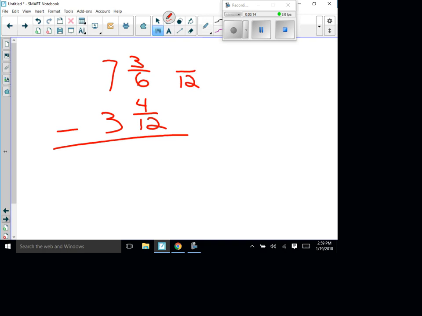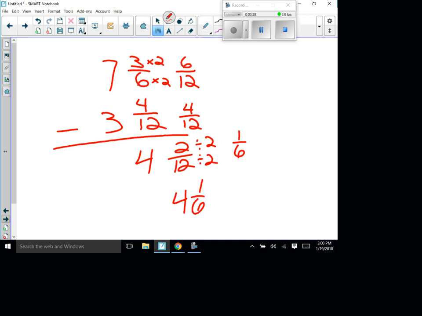So this turns to 12, times 2. Whatever you do at the bottom, you have to do the top. So you have 6/12 minus 4/12. So you have 2/12, correct? And then you go 7 minus 3 on the wholes, and that's 4. Now, same thing. If somebody wants to be picky, they'll want you in lowest terms. Go ahead and reduce this fraction. You divide by 2 because they're both even. You get 1/6. Your answer would be 4 1/6.